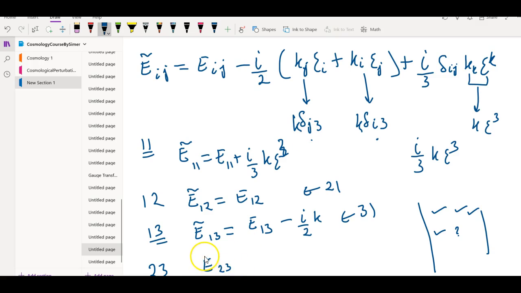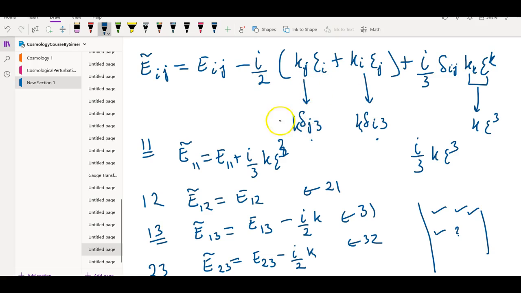This is the same as the 3 2 component. So now we need to find the 2 2 and 3 3 components.